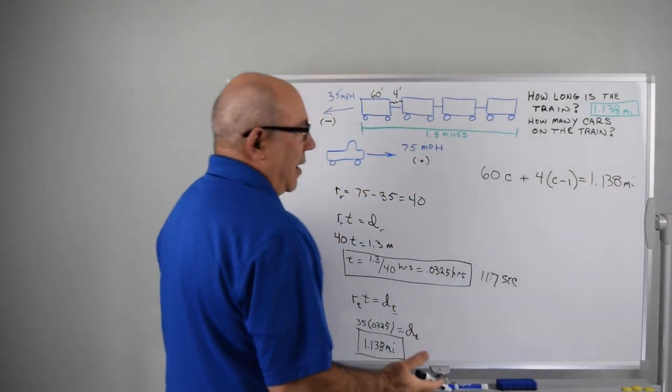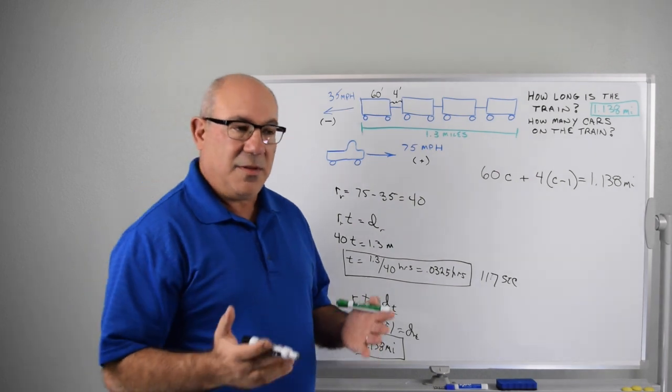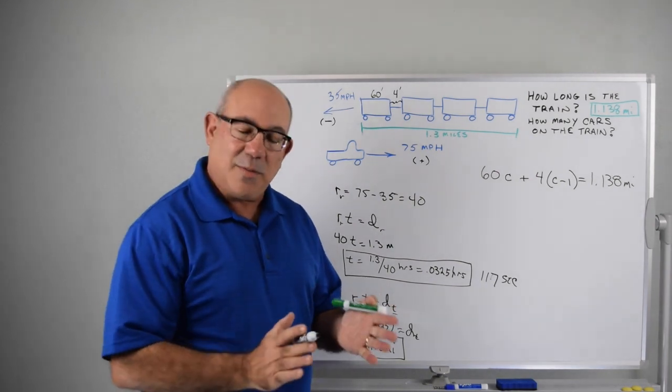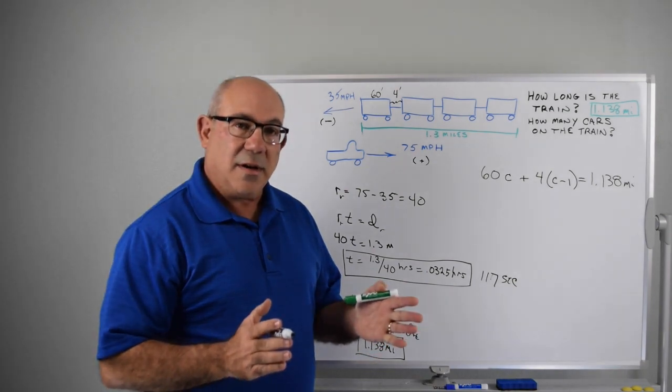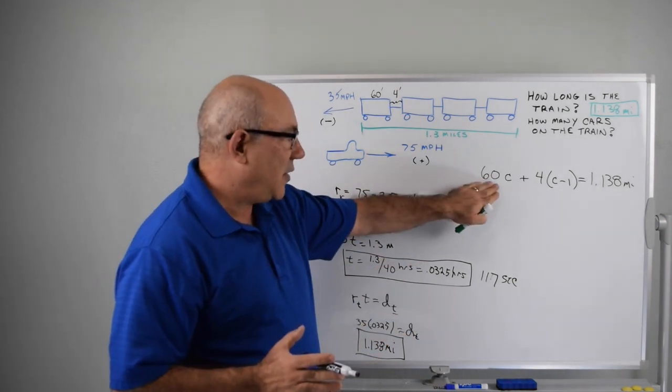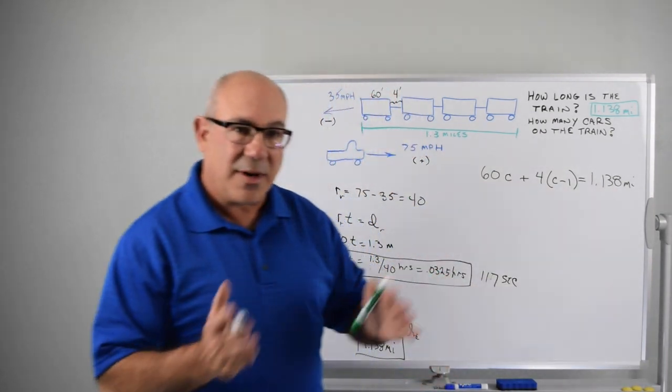Now, we don't really want to calculate the size of the car in miles because it'd be a super small number. We want to calculate it in feet, because we already know the car length is in feet and this is in miles, so it's not going to work out too well.